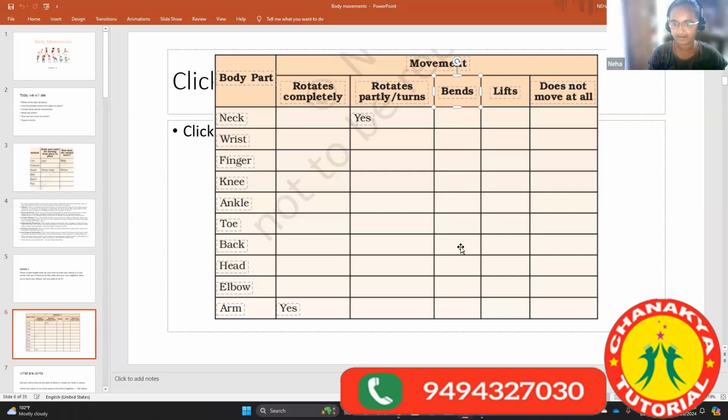Does it bend? Does it lift, or does it not move at all? Not completely. It just rotates partially.